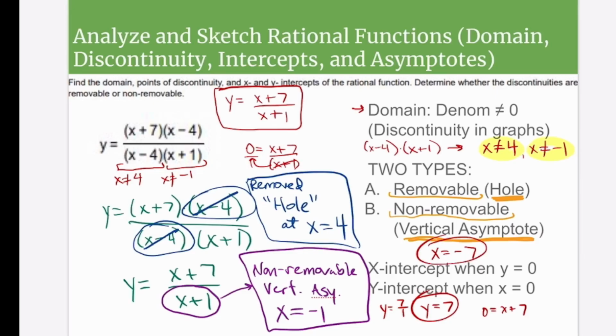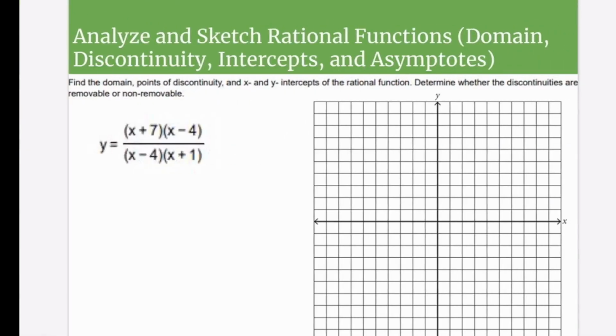So again, we're doing 3 examples, so this is just the first one. This is going to help us figure out how to graph all this. So we have a hole, vertical asymptote, an x-intercept, and a y-intercept. So here we go. Our vertical asymptote is when x is negative 1.